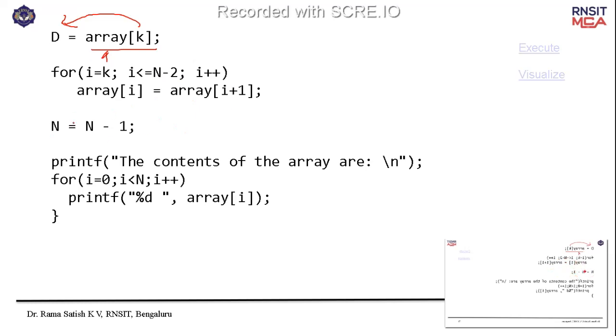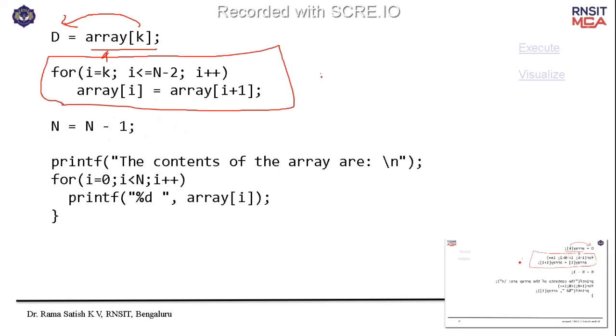Once they are moved, as you are moving the elements, you are deleting them. And of course n is equal to n minus 1, so the total number of elements is reduced by 1. After deleting, you display all the elements of the array.